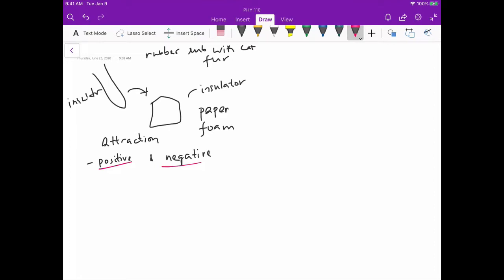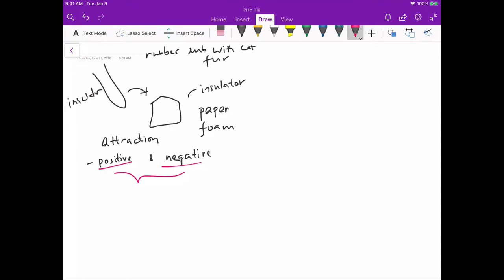So according to Benjamin Franklin, in every material, whether it's a conductor or an insulator, there are things that we call charged particles, positive and negative charged particles. And because of the presence of those positive and negative charged particles, those objects attract each other.